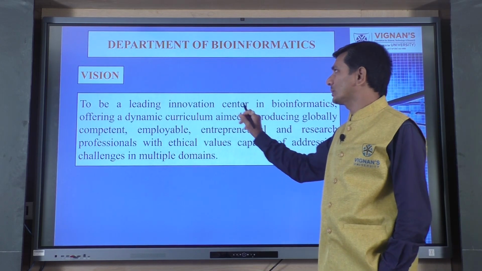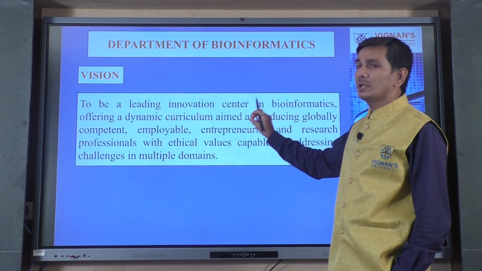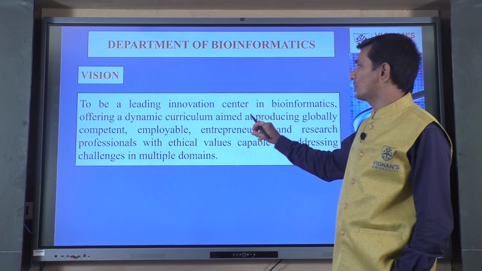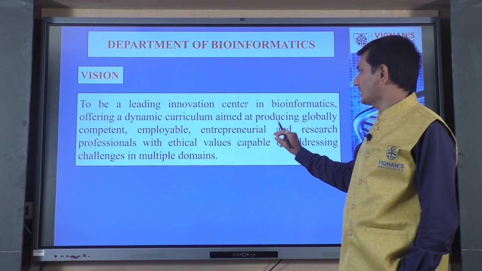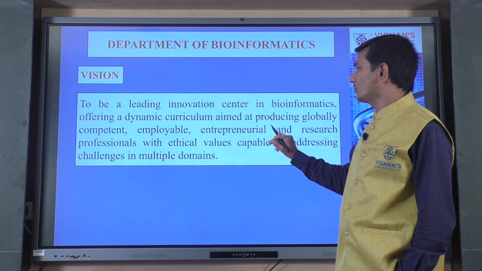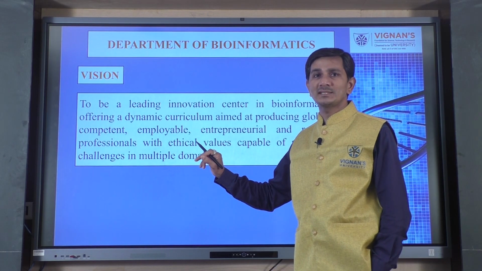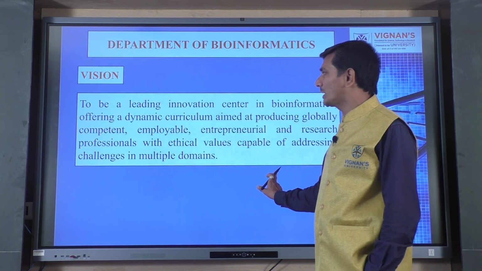If you carefully go through the vision statement, it is a leading innovation center aimed at producing globally competent, employable, entrepreneurial and research professionals with ethical values who are capable of addressing challenges in multiple domains. This is about the vision statement of the Department of Bioinformatics.